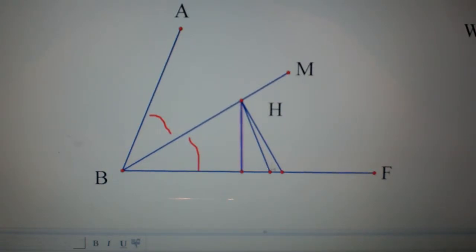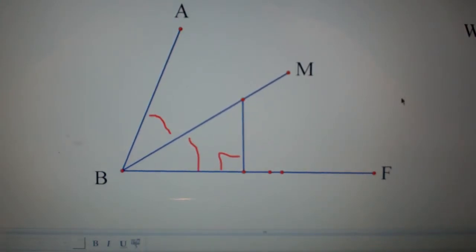Now, the shortest distance from the point H to the side of the angle BF is a perpendicular line going through the point H. So here, if I take this point here, it has to be a perpendicular here. We have to have that box to indicate it. So the point H, the shortest distance from point H, let's go ahead and delete that one.